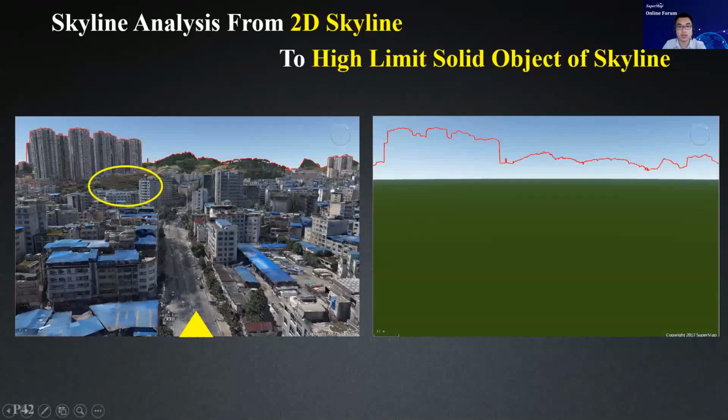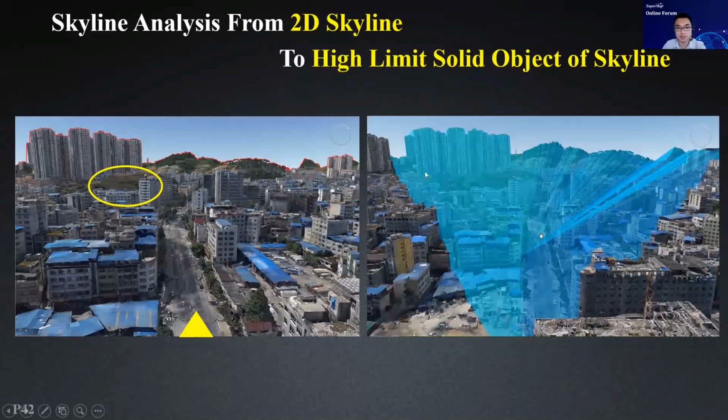And not only to show the effect, but we can also export the analysis result to a 3D solid. And then we can do more analysis using this 3D solid. So you can see the blue part is the solid.